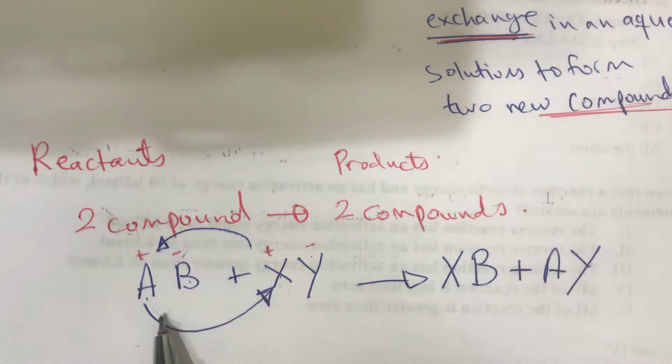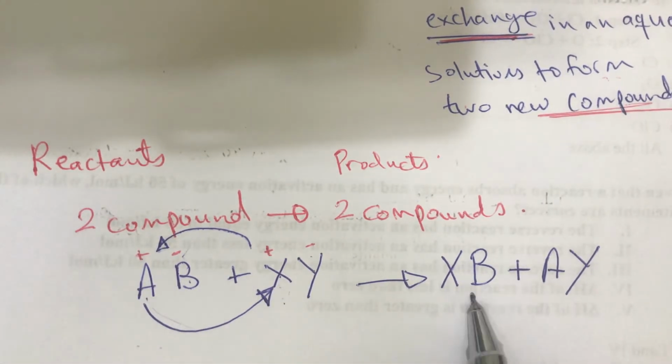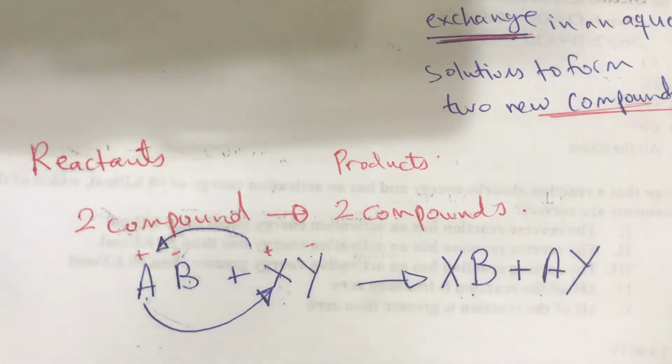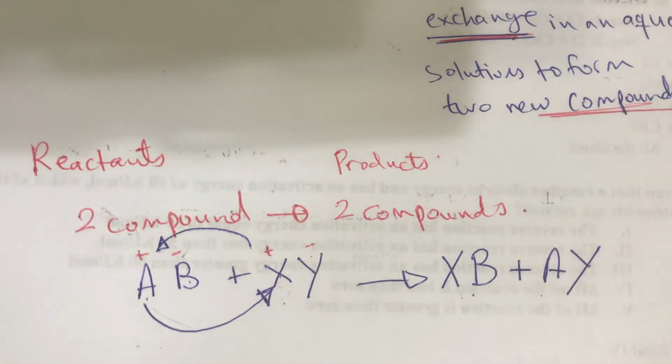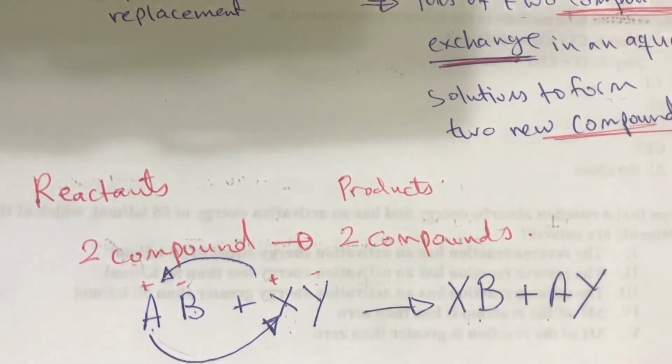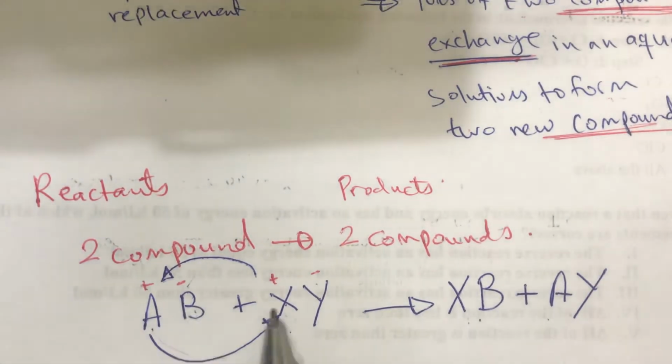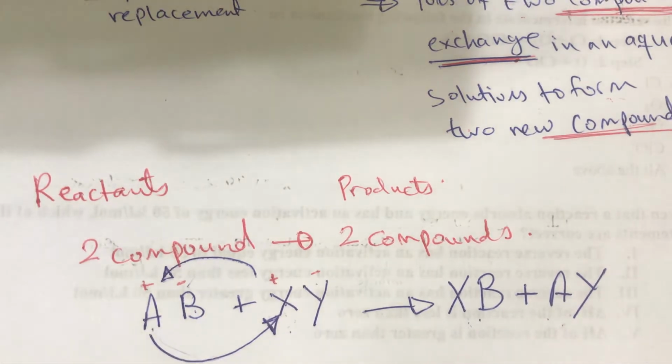So ions of two compounds exchange to form two new compounds. Again, the general formula for a double displacement reaction is two compounds in the reactants, two compounds in the products. What happened in this reaction? Ions of two compounds exchange to form two new compounds.